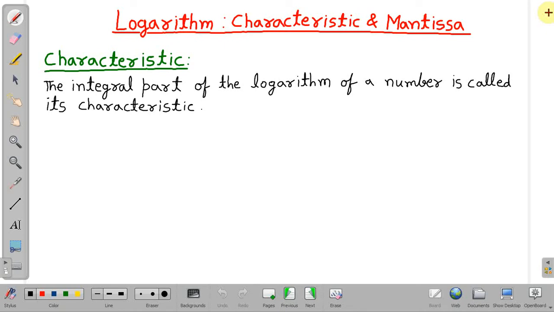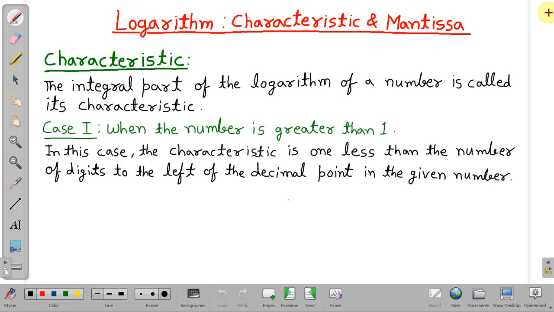See, the integral part of the logarithm of a number is called its characteristic, or we can say the integral portion of the logarithm of a number is its characteristic. So how do we find the characteristic? We have two cases. One case is when the number is greater than 1, and the second case is when the number is less than 1.